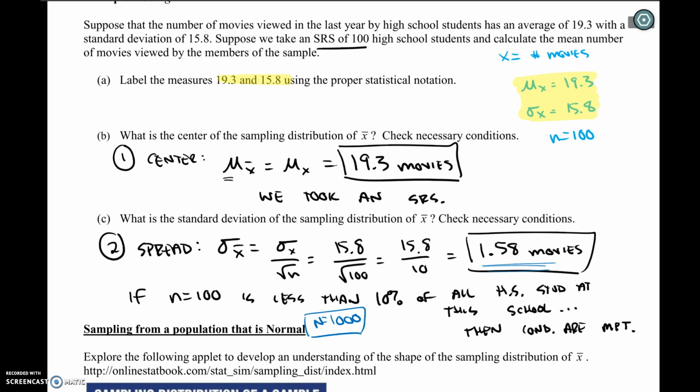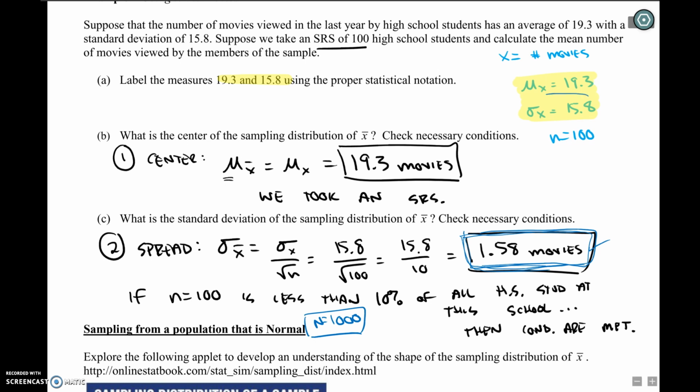Whenever the 10% condition fails, the spread given by the formula will actually be more than the actual spread of our sampling distribution, meaning our estimates are actually going to be better than we would expect. But let's just not worry about that here right now.